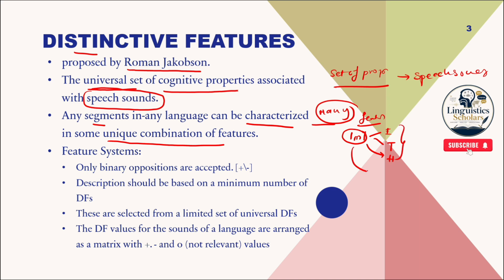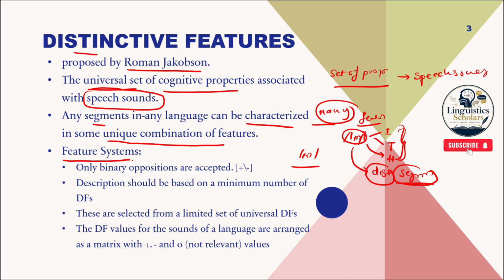The distinctive features, in other words the segmental features, remain the same for the sound m across languages. So the features are for the sound, not for the language, but the number of sounds and the possible sounds that exist differ from language to language.